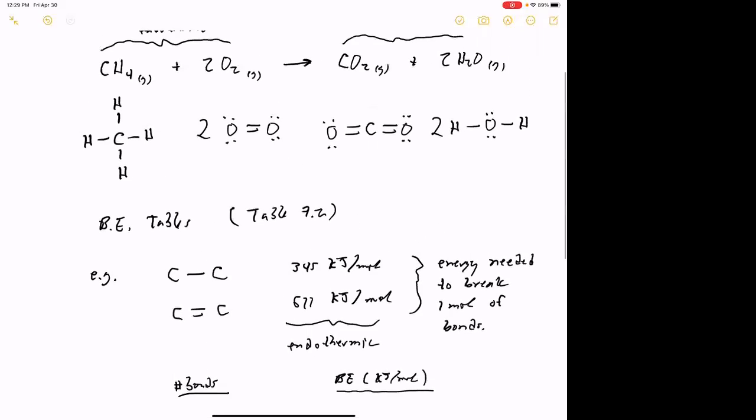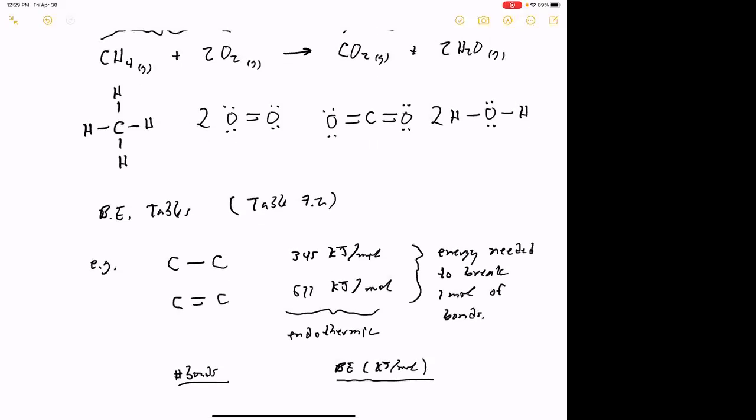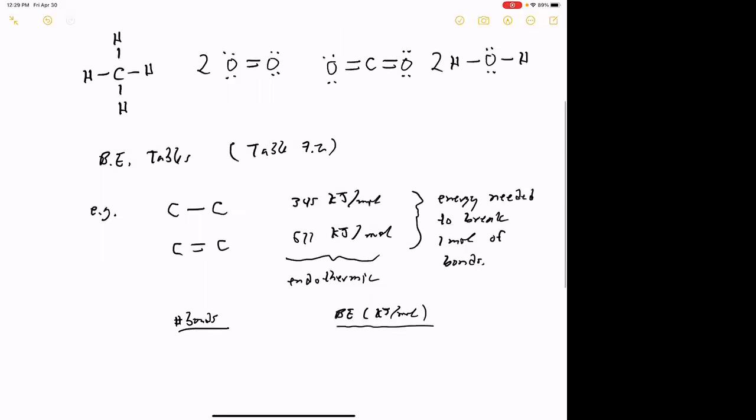So if I come back up to my CH4, look at what I got. I got a carbon with 4 hydrogens bonded to it. So how many CH4 bonds do I have to break? Just looking at it stoichiometrically. How many of those things do I got to break per molecule? Well, I got 4 bonds, right? So that means I got to break 4 of them. So the number of bonds is going to be 4.